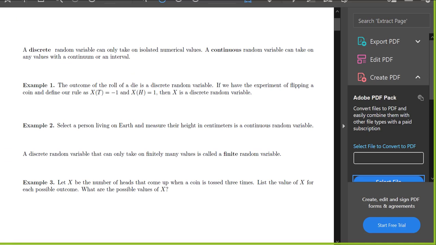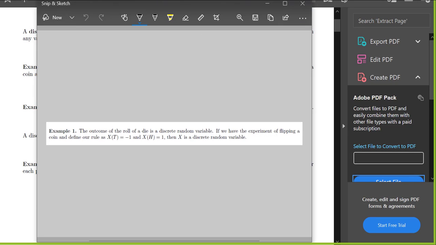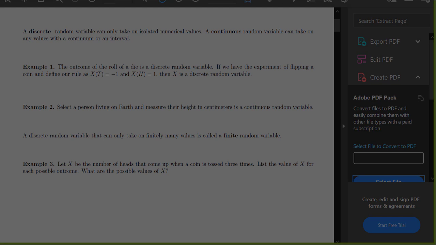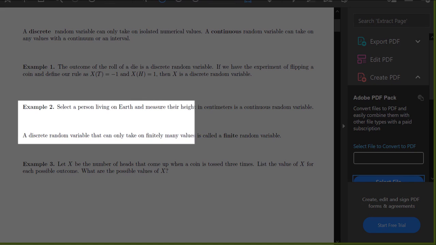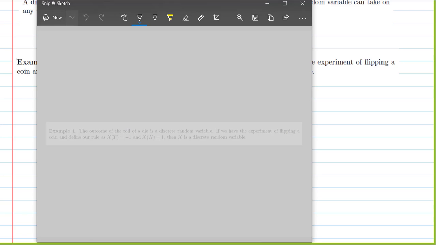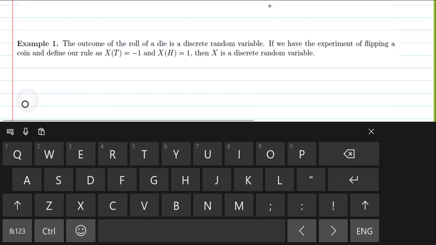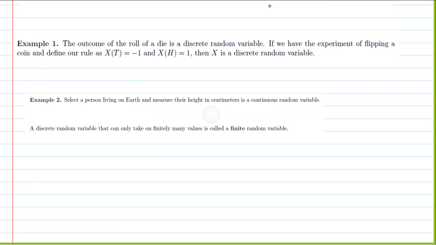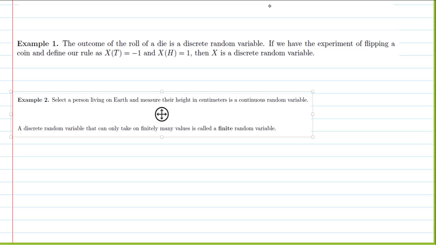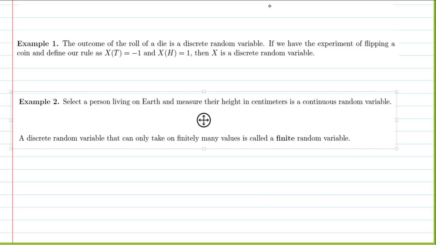So let's take a look at our next one. This is an example of a continuous random variable. If we randomly select a person living on Earth and measure their height in centimeters, it's a continuous random variable.